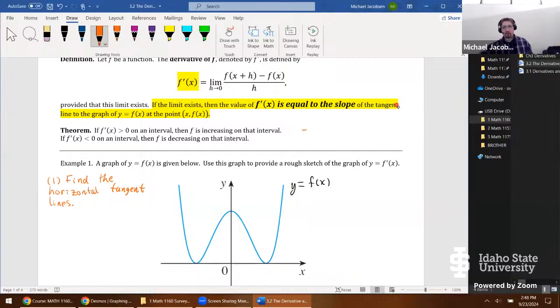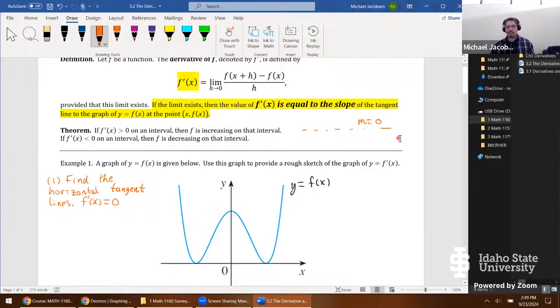So if the tangent line is horizontal, going like this, that means the slope is 0. The derivative is equal to that slope. So at horizontal tangent lines, f prime of x is 0. And that's always a good start. If you're plotting a function, find where it crosses or just touches the x-axis. That's what step 1 is trying to do.